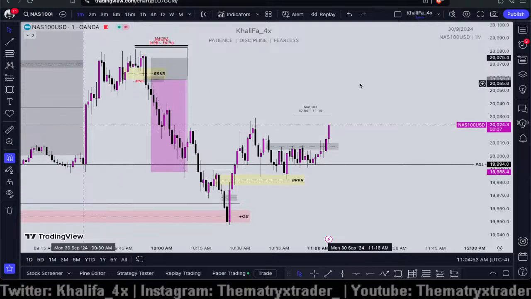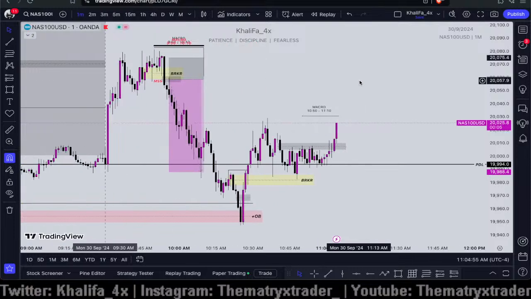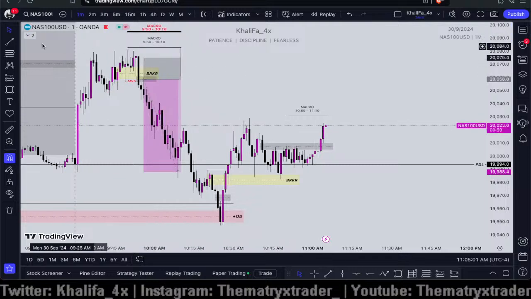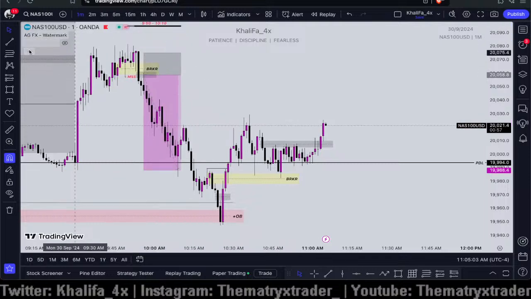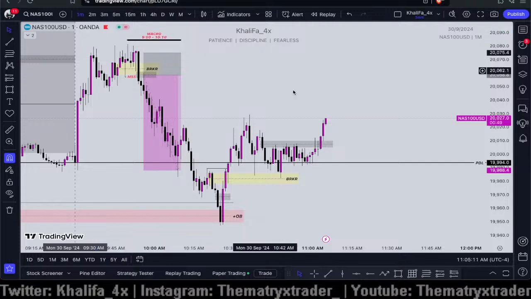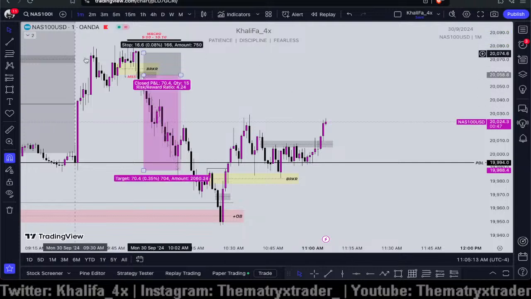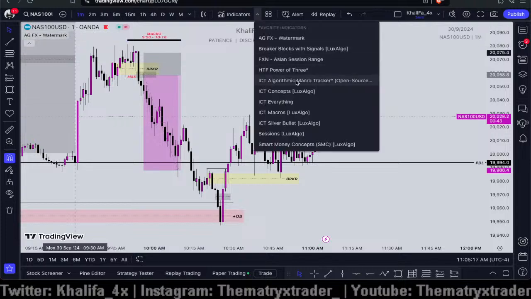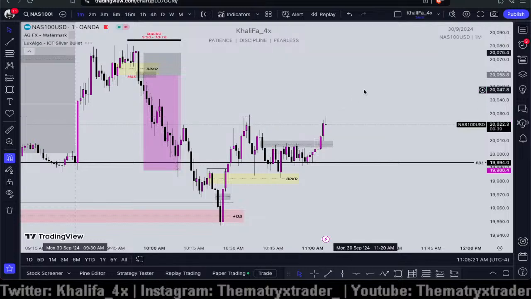Now you see the indicator seems to me failed. Indicator seems to me failed and real price action wins.